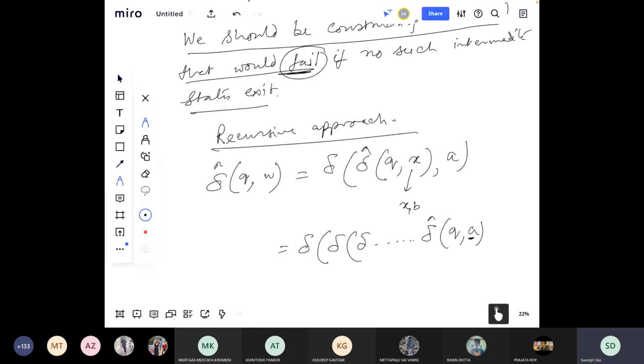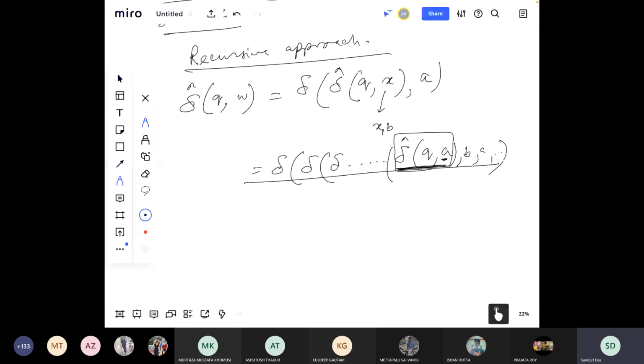And then you go on with other symbols, B, C. And it says that the derivation starts at the core point where you have a definition available for what is del hat Q comma A.